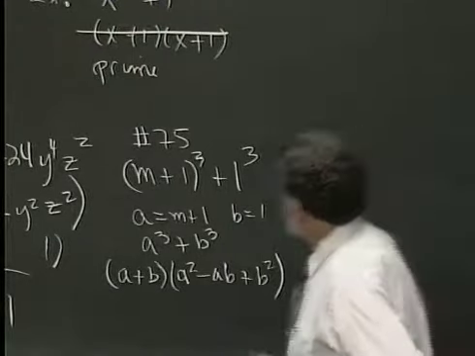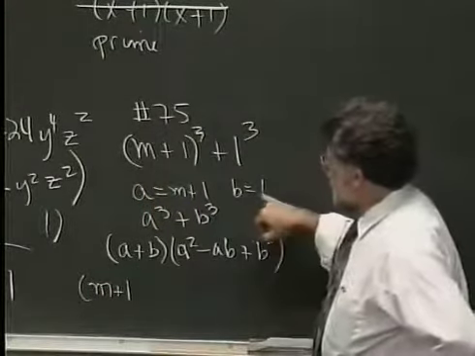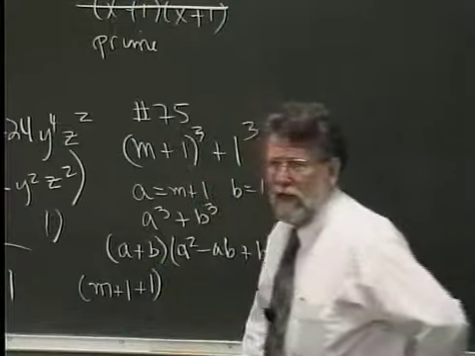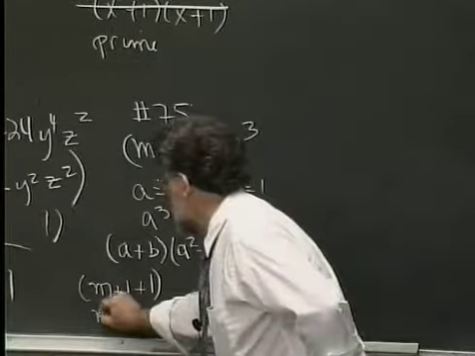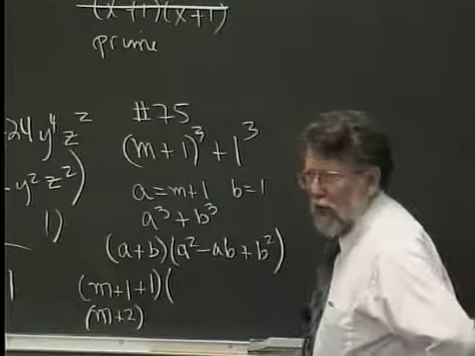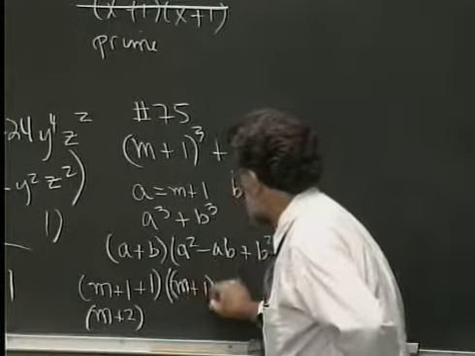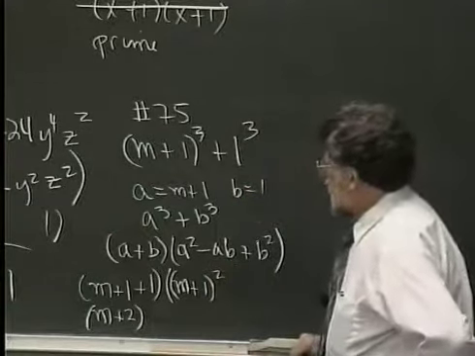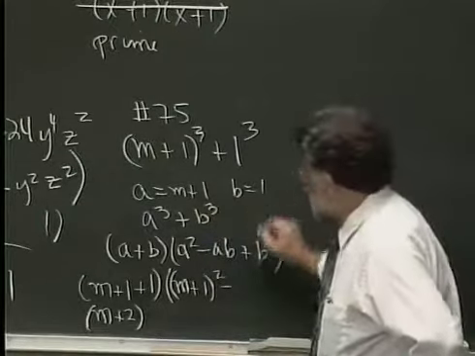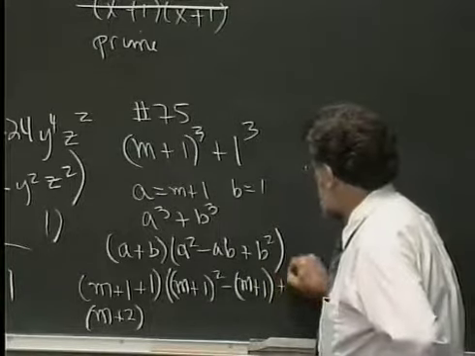So I'm going to have m plus 1. This is interesting because I also have what? Plus 1, which is actually going to simplify to m plus 2. So I'll write that immediately below. And this looks much different than you thought it was going to look. Now, m plus 1 quantity squared. Then what? Since this was a plus, this is a minus, so now I have minus m plus 1 times 1, which is m plus 1, which I must keep in the parentheses, plus 1.